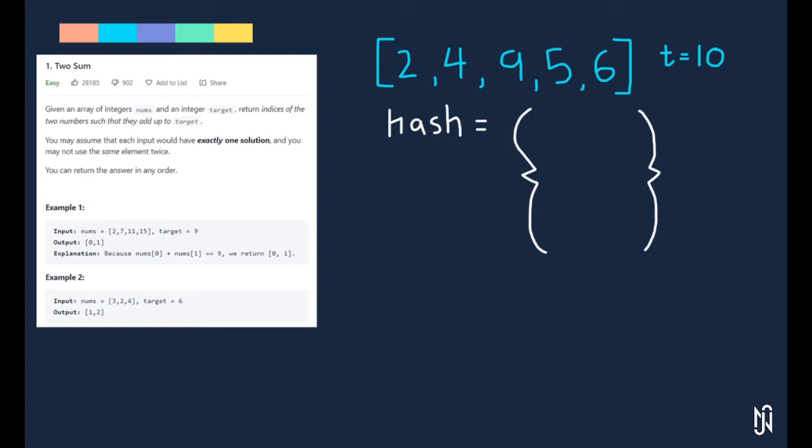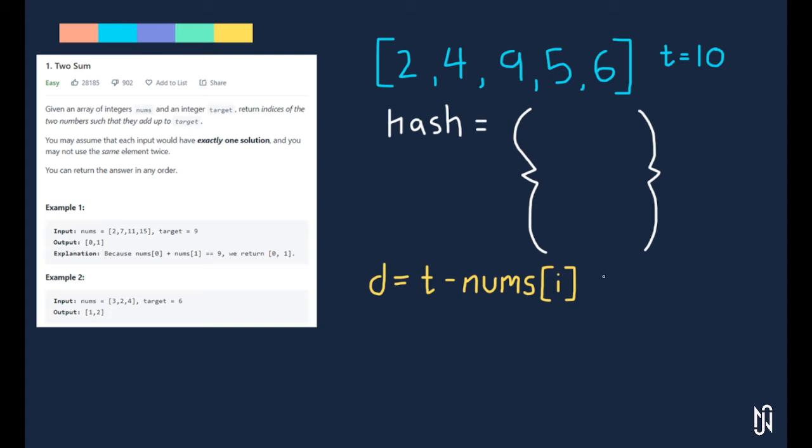So as we pass through, we are going to check to see if the difference of the current number, which in this case is 2, we're going to see if the difference, which would be 8, exists in the hash map. So we're going to set a value difference to t minus nums[i].